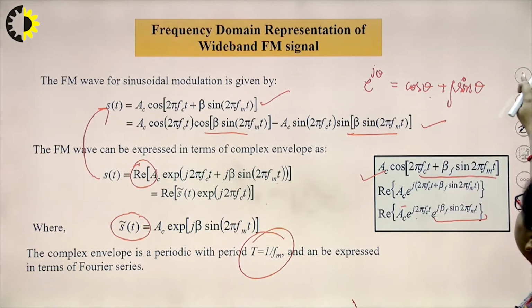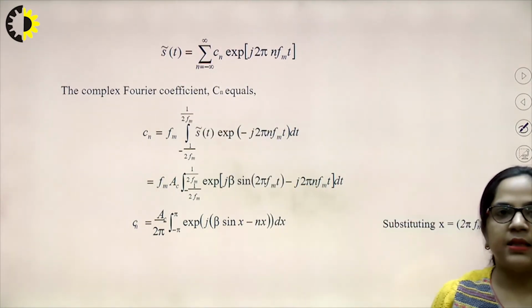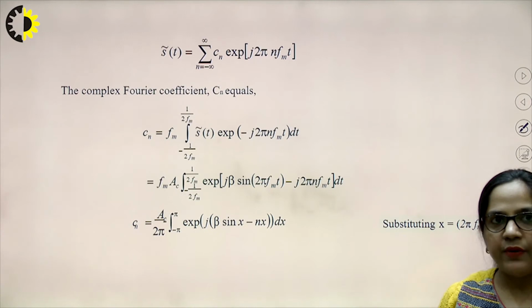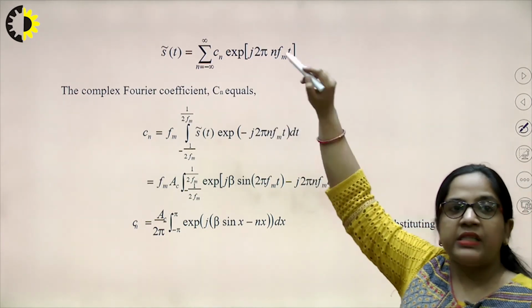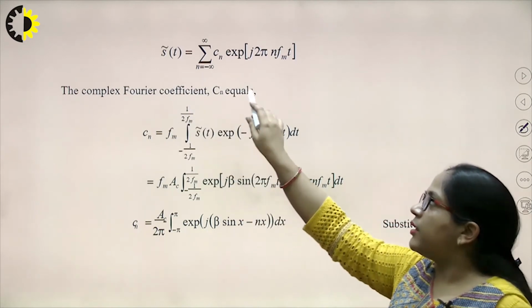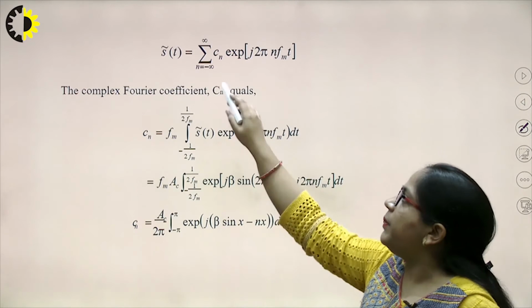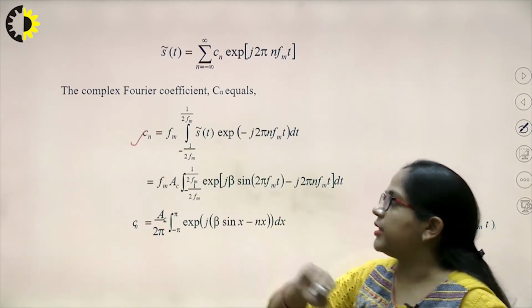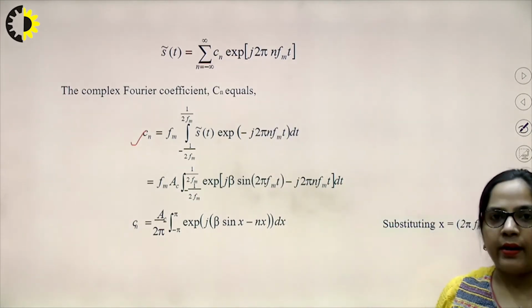How can I represent it? This can be represented as ŝ(t) equals the summation from n equals minus infinity to infinity of Cn exponential of j2π n fm t, where Cn is the complex Fourier coefficient, and Cn can be calculated with the help of this expression. So we have mentioned this expression according to our expression.